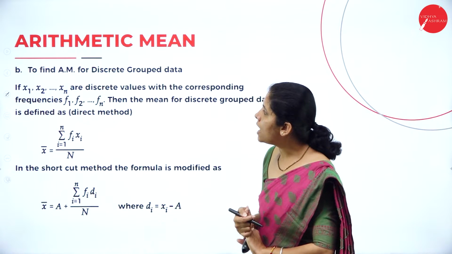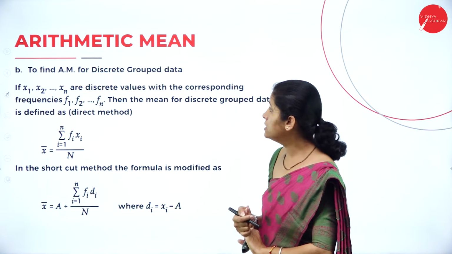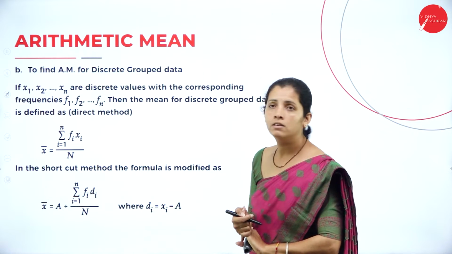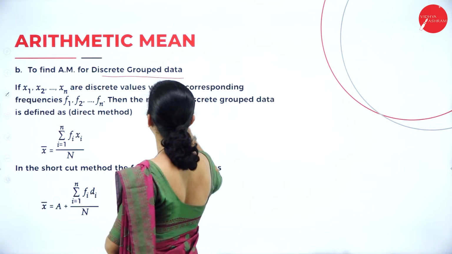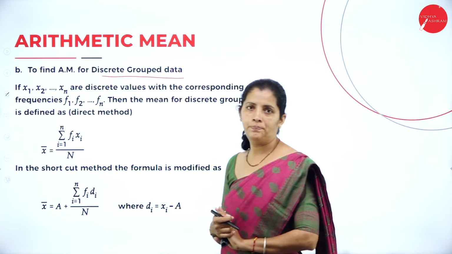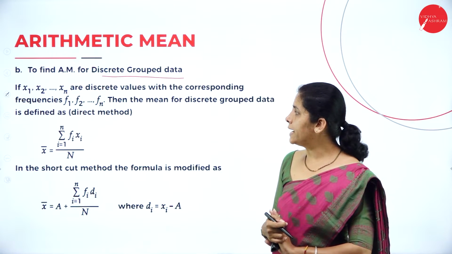Now, the second method: finding the arithmetic mean for discrete grouped data. So what is discrete grouped data?